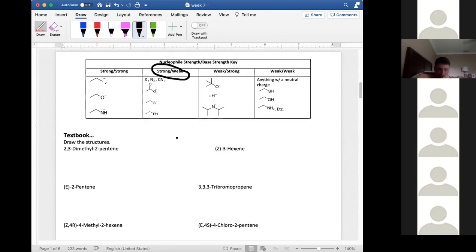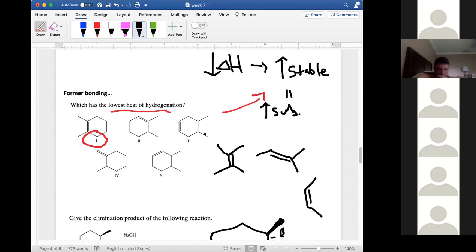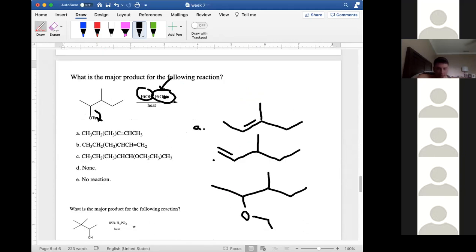E2, right? So E2 doesn't have a specificity for any anti, and we know that if it's E2, we can eliminate C. C is a substitution, right? Is EtO big or small? Small. So this carbon in red versus this carbon in blue, what's less substituted?